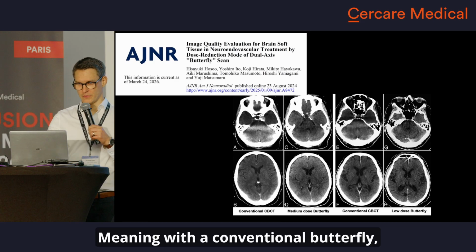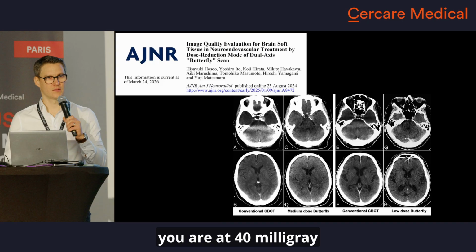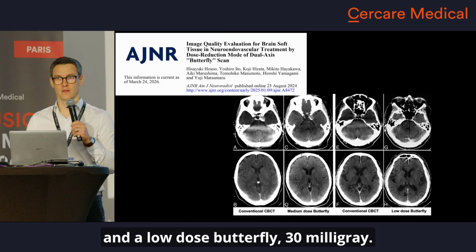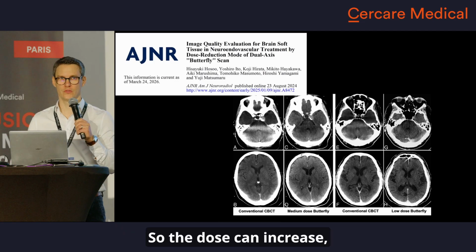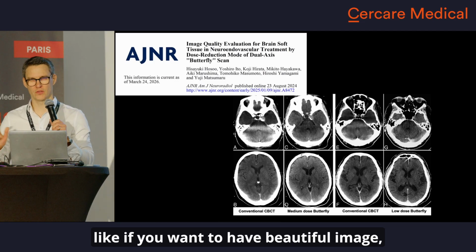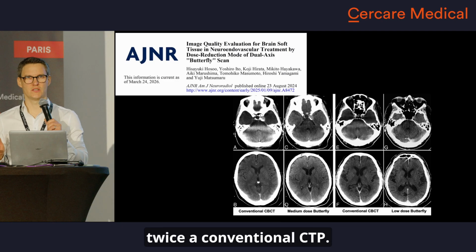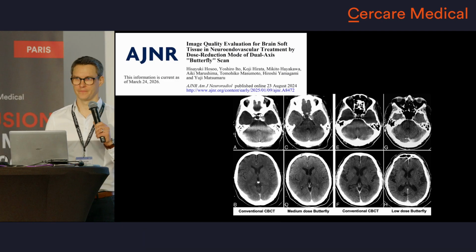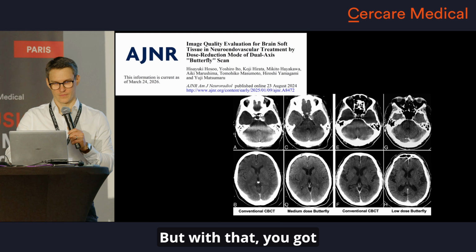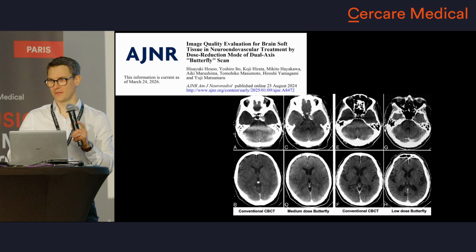Meaning, with a conventional butterfly, you're at 40 milligray, and with a low-dose butterfly, 30 milligray. So if you want to have a beautiful image, the dose can increase to twice a conventional CTP. But with that, you got absolutely no artifact, and there's some kind of straightforward answer.